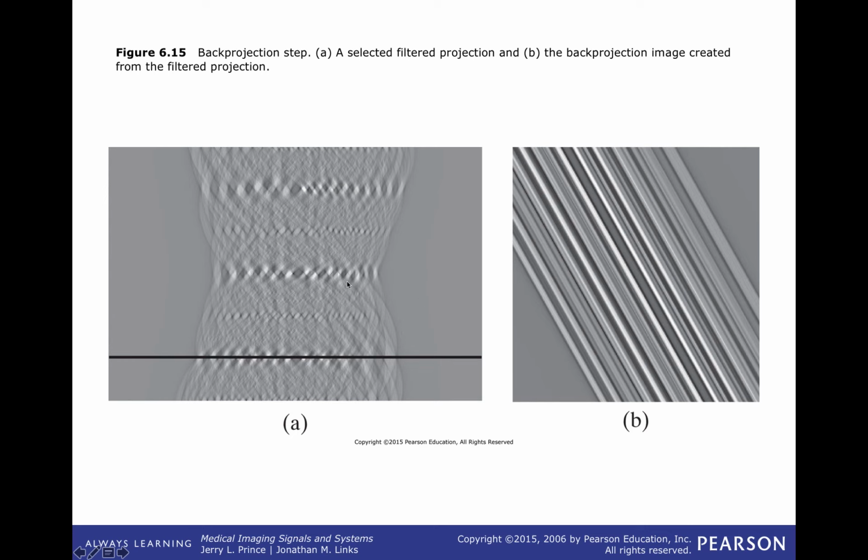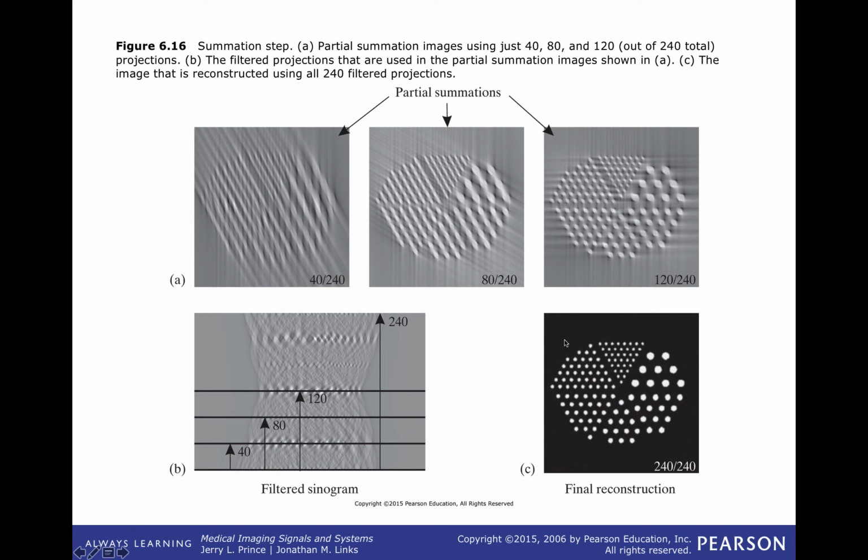And back project these guys, and now out here, that truly is zero. That's a good thing, right? So I'm back projecting zeros. And these things have different positive and negative amplitudes depending on the results. And so here's 40 out of 240, 80, 120 out of 240, we get this. And then finally, we wind up with this function here. Okay.